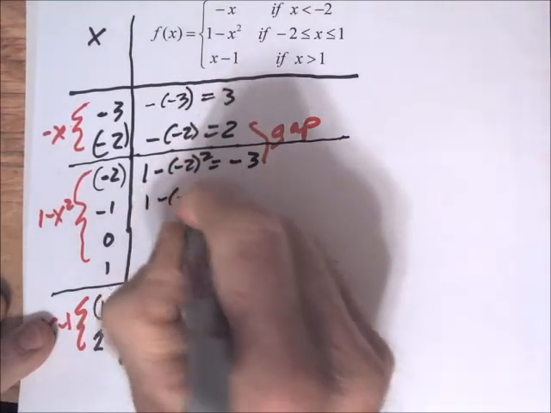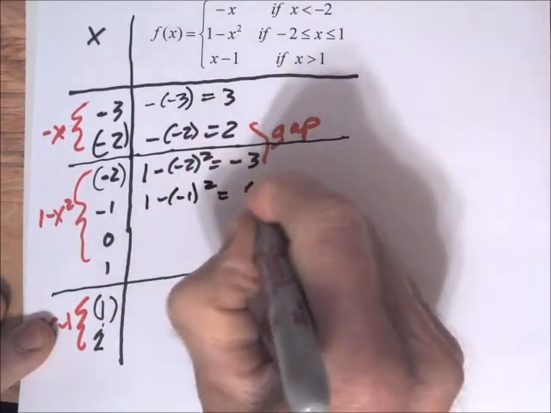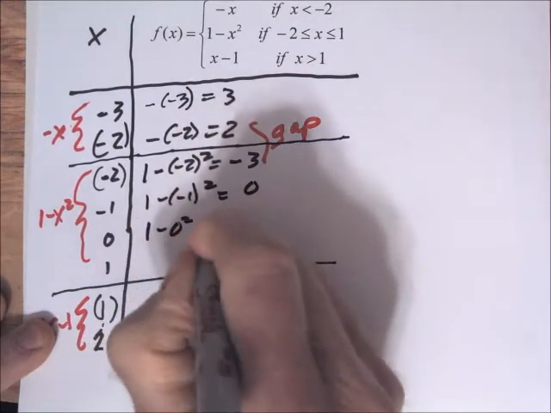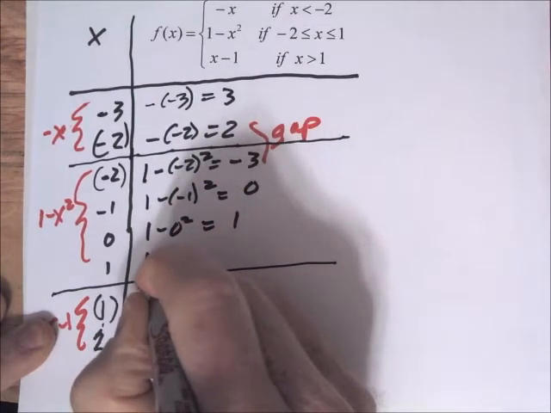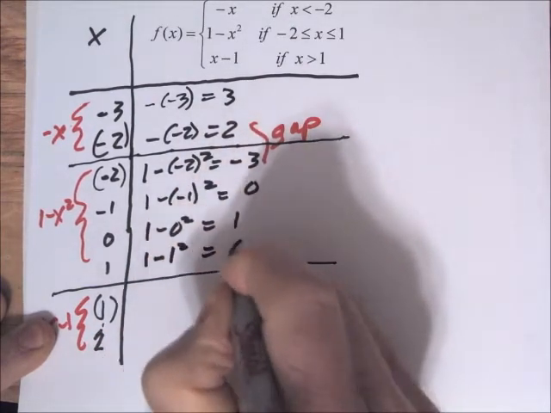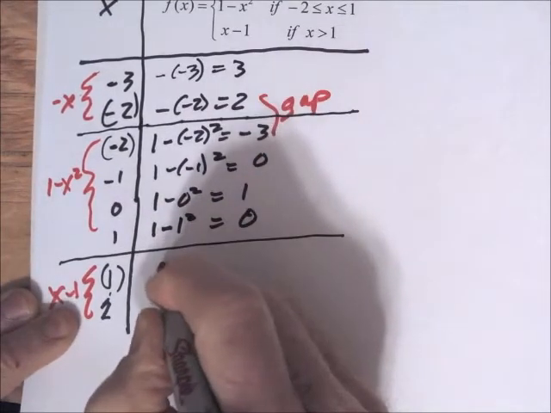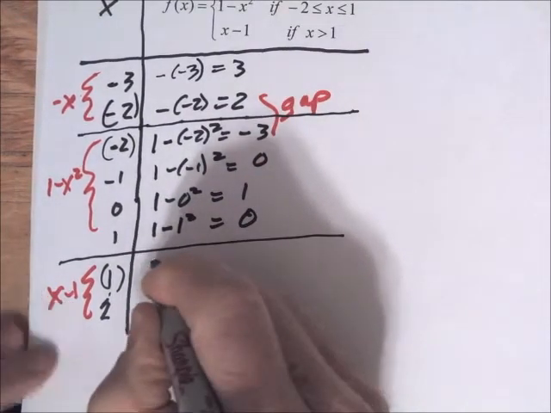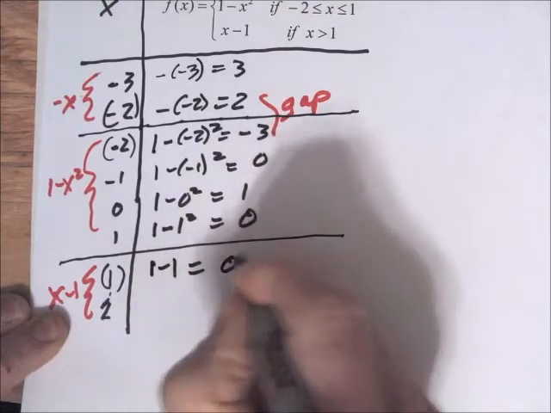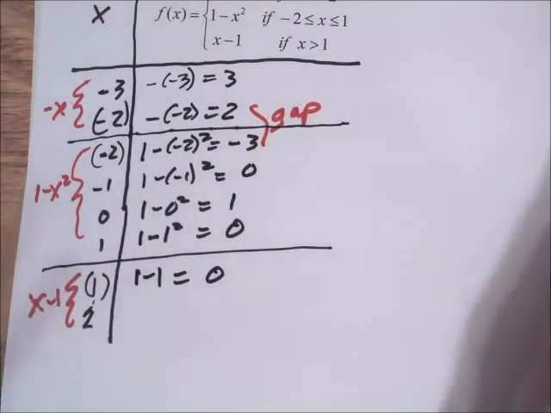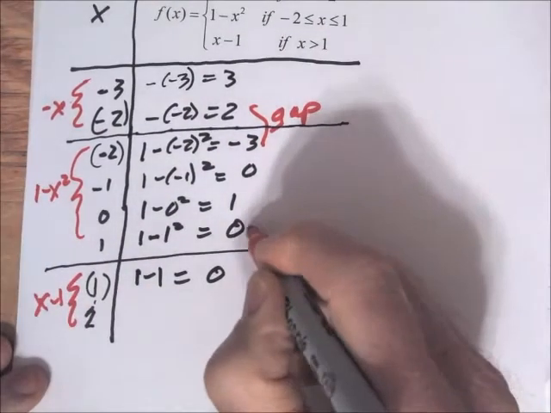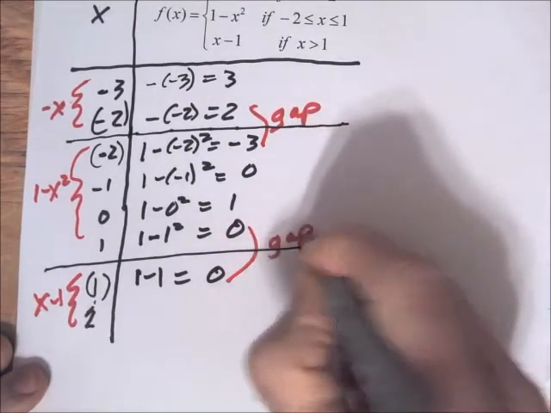1 minus negative 1 squared is going to be 0. 1 minus 0 squared is 1. 1 minus 1 squared is 0. And this formula here will have 1 minus 1 is 0, so there's no gap here. So that'll be what's called continuous.